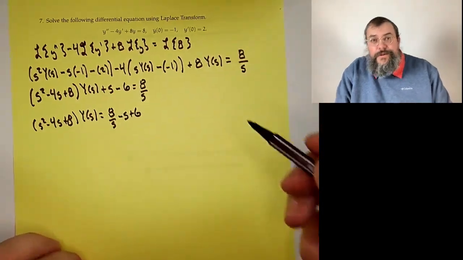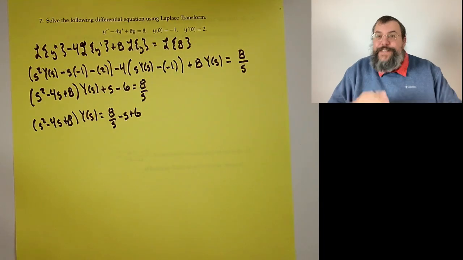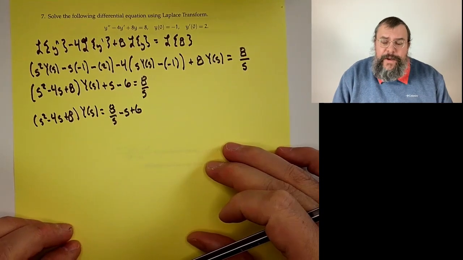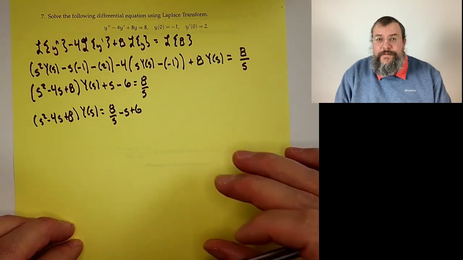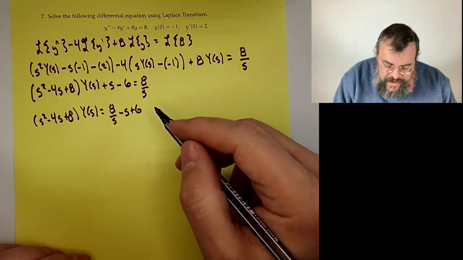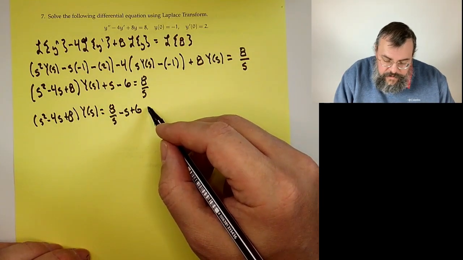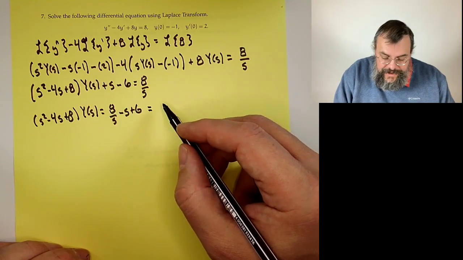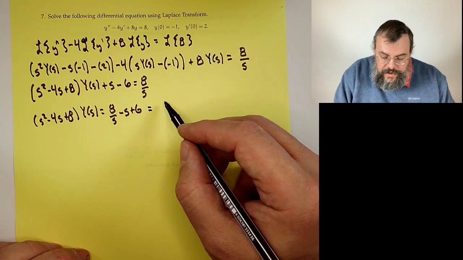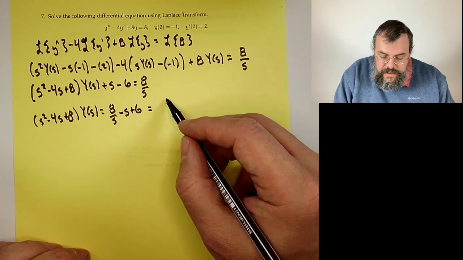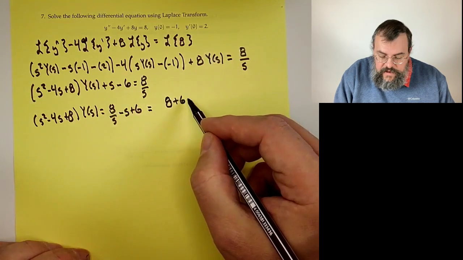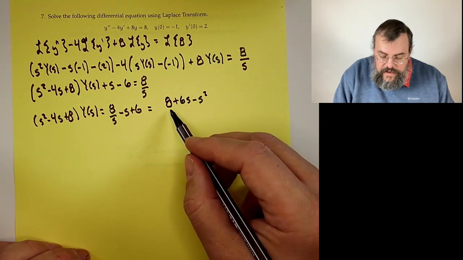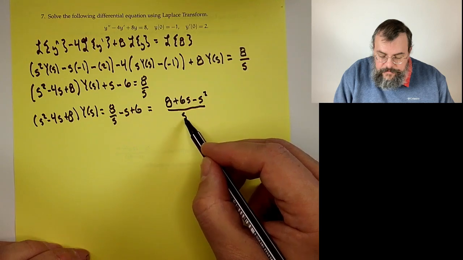If we wanted to, why not? Let's put it all together. Sometimes it makes sense to put it all together if you're anticipating a partial fraction where things don't clean up in a nice way. And then we'll just do one partial fraction instead of having to do 2. So that's equal to 8 plus 6 times s, subtract s squared, all of that over s.